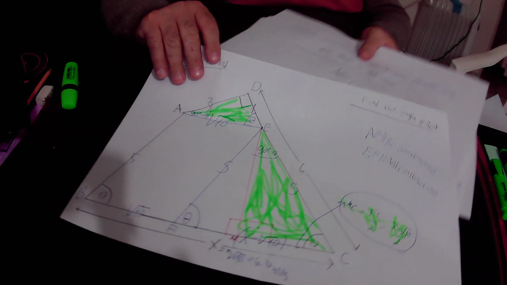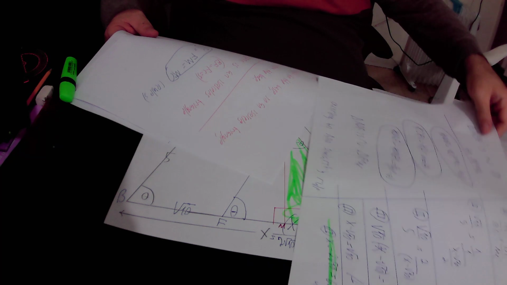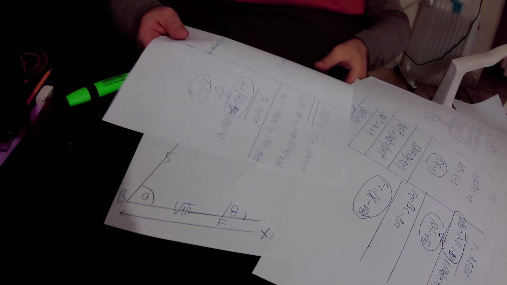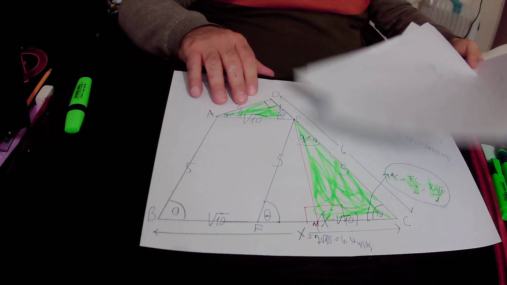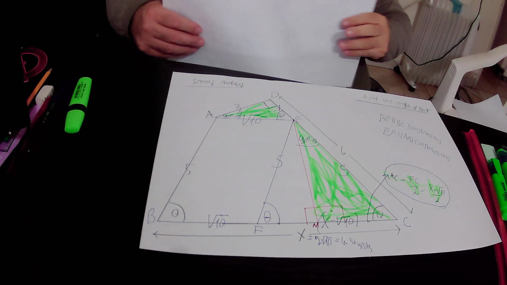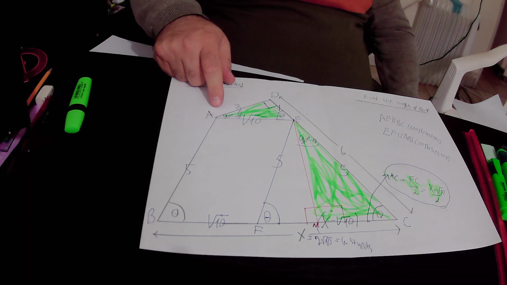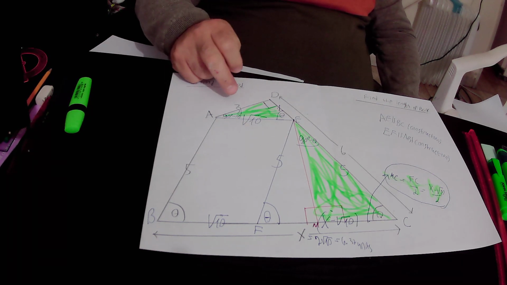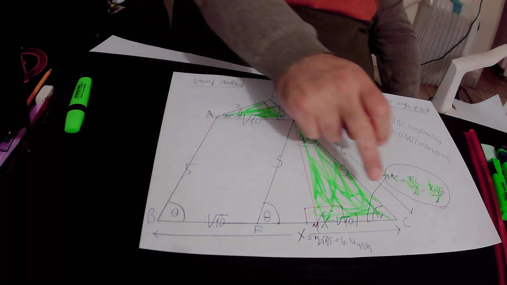So here we did another construction. From point A, we drew a straight line on CD in such a way that AE will be parallel to BC.